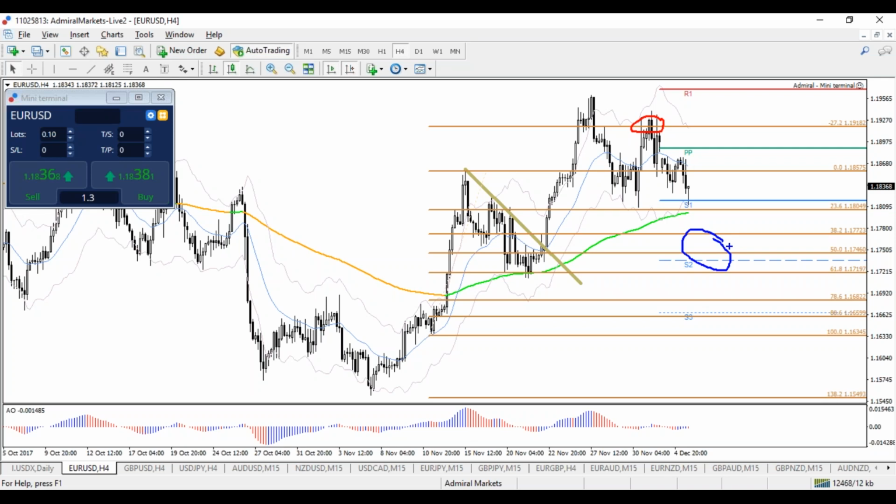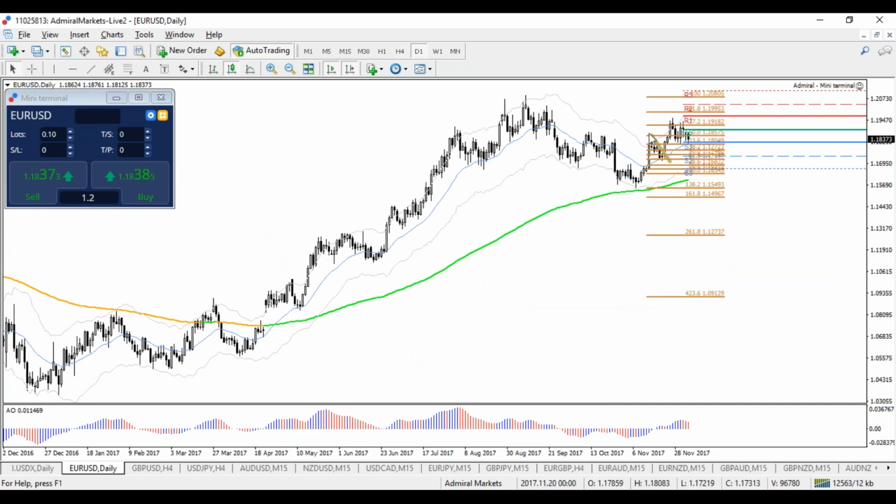Now, calculating space really is a mixture of market structure. Market structure depends on three things: trend and momentum, support and resistance, and patterns. And it also depends on what time frame you're looking at.